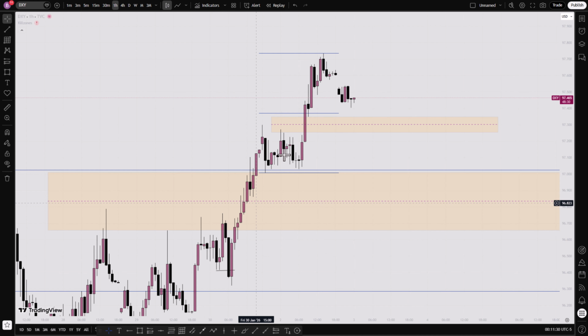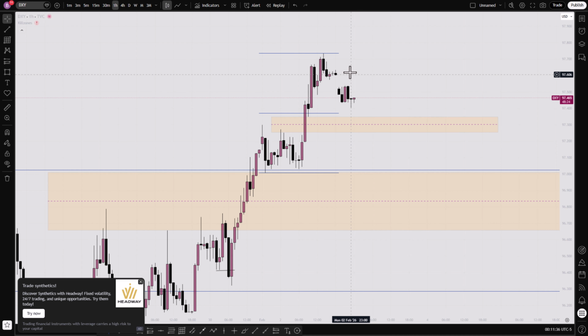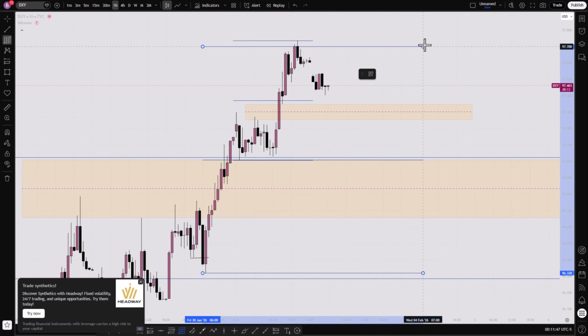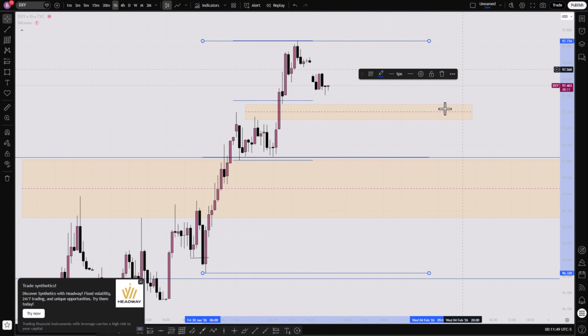So if we see a change in the state of delivery here, a market structure shift, and price goes bearish, definitely we'll be targeting this fair value, because if you take the range from here to here, we'll see that this is the discount level.